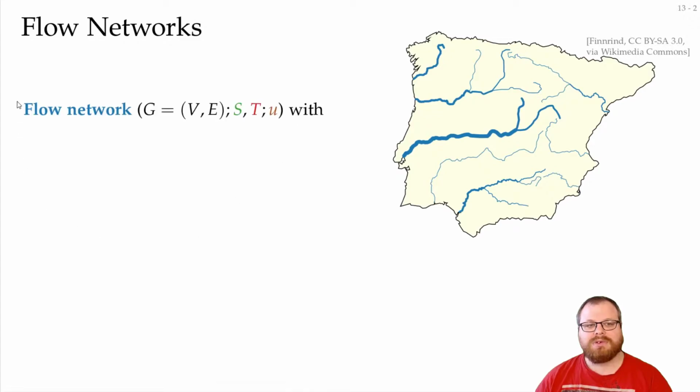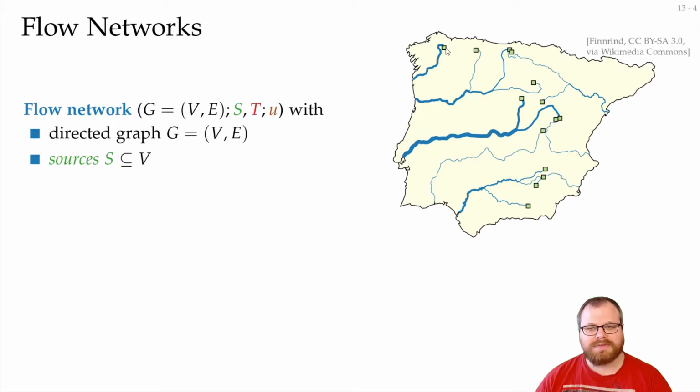So we can create a flow network that consists of a graph G, a set of vertices S, a set of vertices T, and a function U. The graph is a directed graph, and the vertices we have are on the one hand the sources where the water comes from.